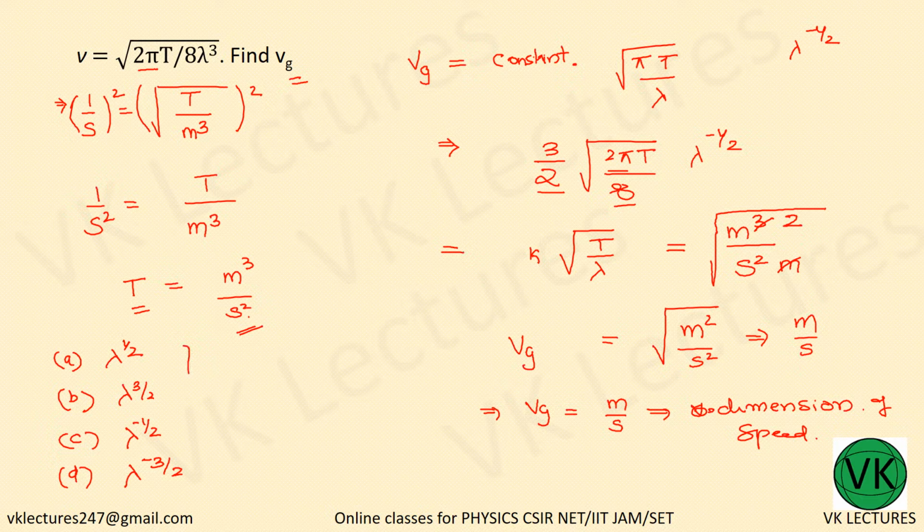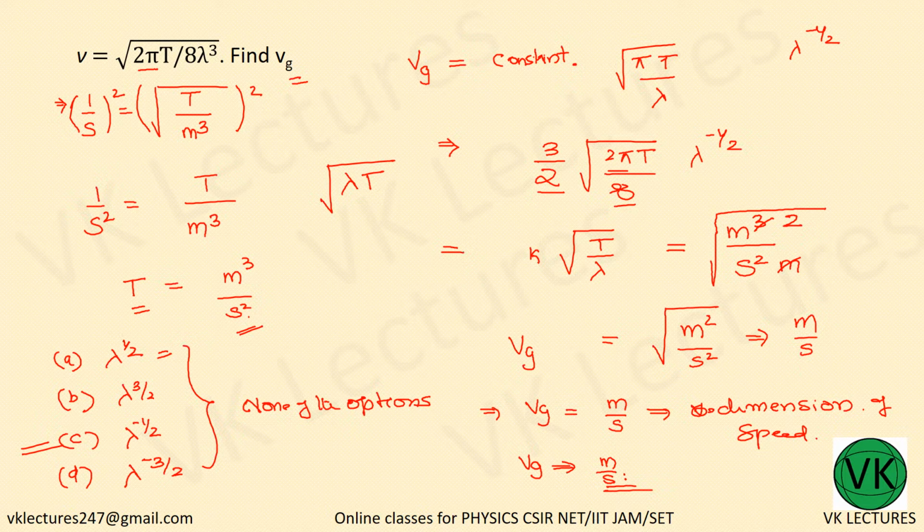For none of the options other than c, you would get Vg's dimension as meter per second. If you want, you can try it and see. For instance, if lambda has power 1 by 2, you check it here: root of lambda into t.